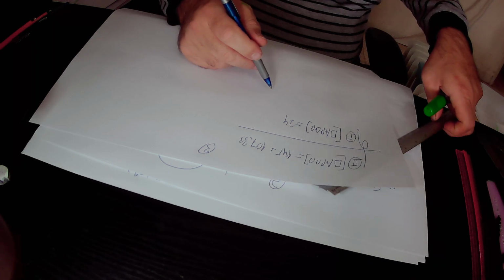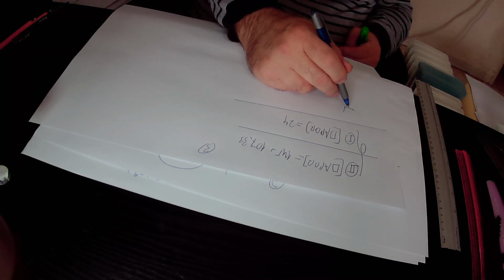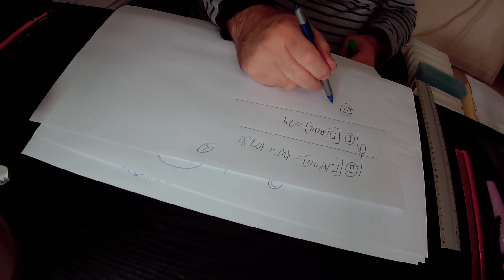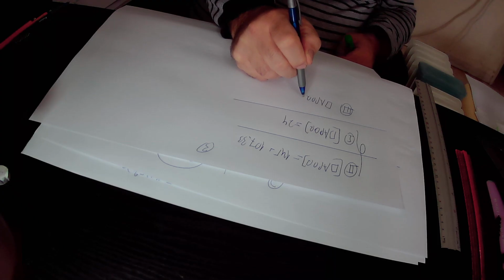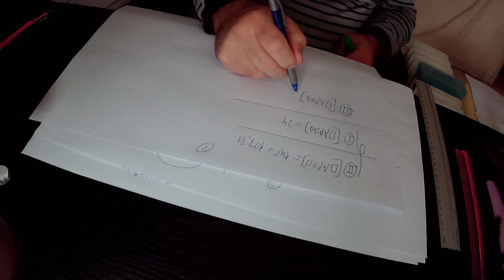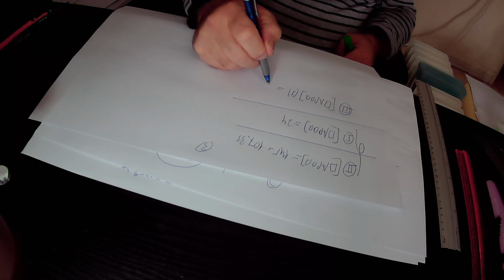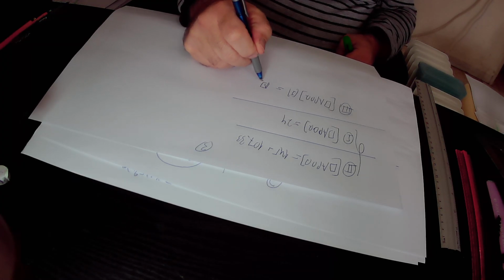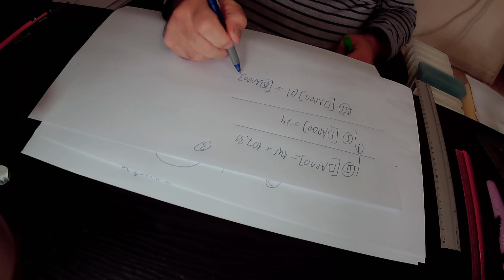Therefore, we get equation 3, which says that the area of the big quadrilateral APOQ according to the first method of calculation must be equal to the area of the same quadrilateral APOQ according to the second method of calculation.